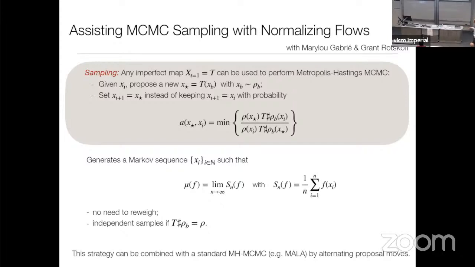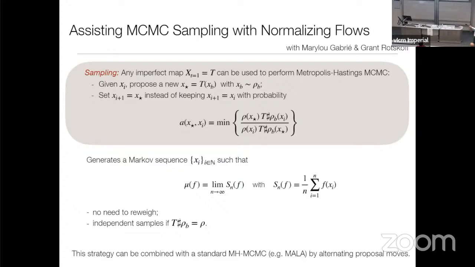And the way you do that is as follows. You propose a new sample from a given distribution. In this case, what we're going to do is take a sample from the base, push it through a map, and say that this is your proposal, and then you don't necessarily accept it. You only do so with a certain probability that will guarantee that the chain is ergodic with respect to the target.